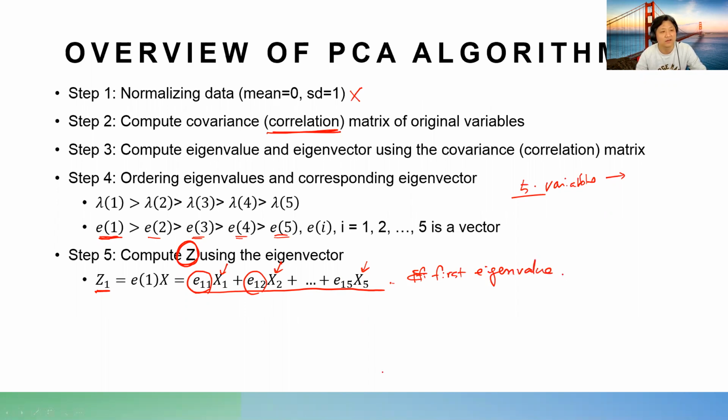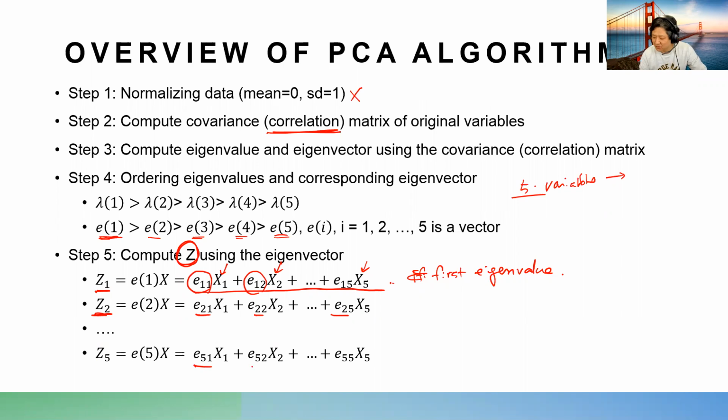Okay. So we'll see more examples later. And the second axis, the second principal component, these coefficients are the eigenvector of the second eigenvalue. And fifth, these coefficients are the eigenvector of the fifth eigenvalue.